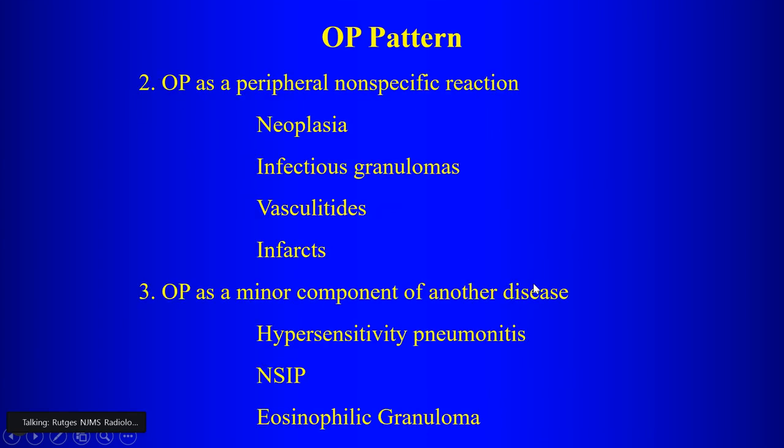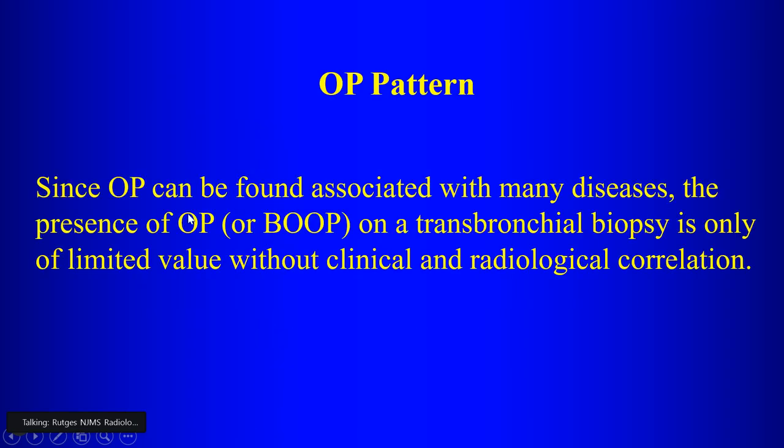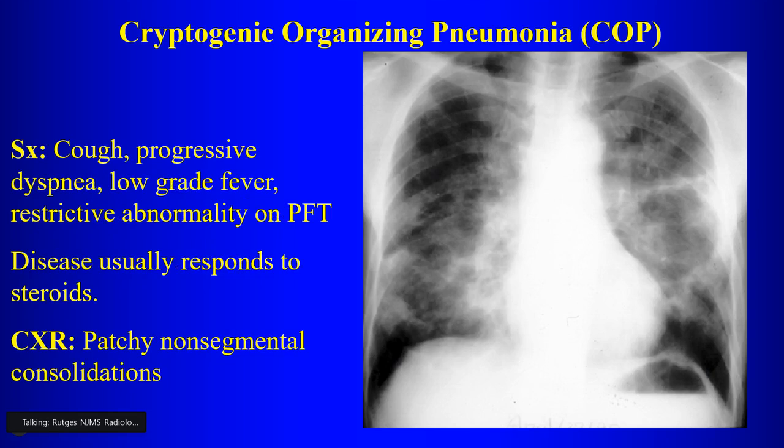So the finding of organizing pneumonia on pathology is kind of nonspecific in terms of what the underlying disease can be. Since organizing pneumonia can be found associated with many diseases, the presence of it on a transbronchial biopsy is only of limited value without clinical and radiological correlation.